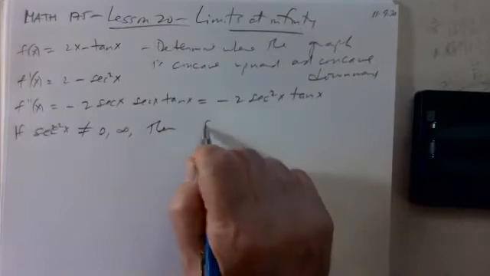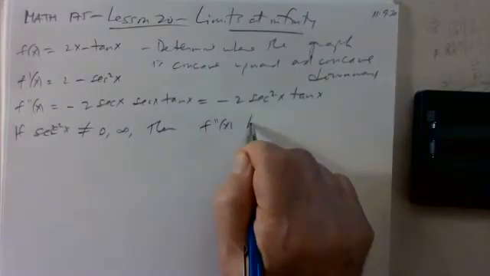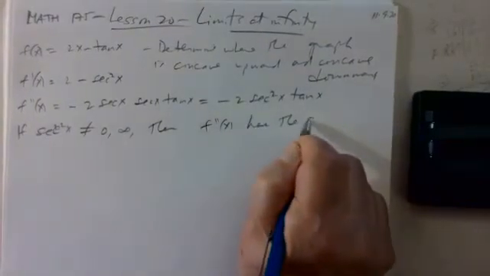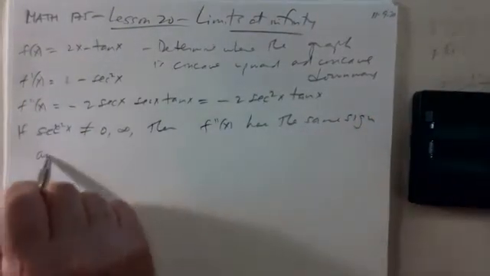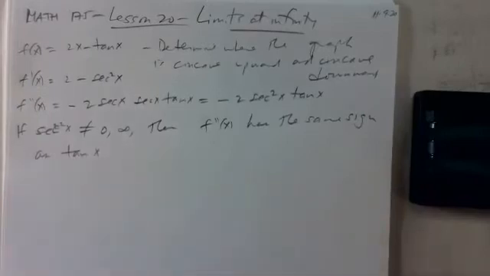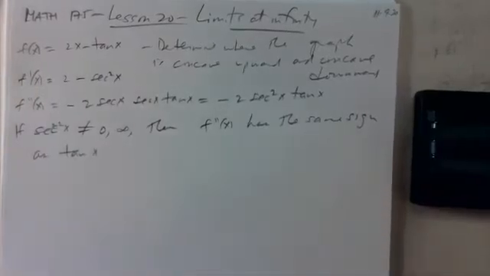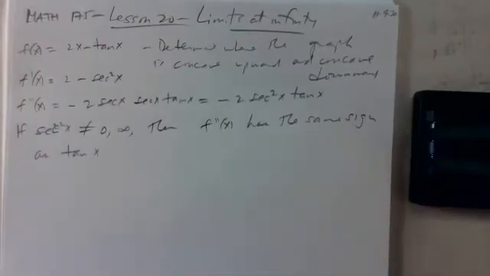So the second derivative has the same plus or minus sign as the tangent of x, with a minus in front. Is that okay? Are there any questions about this? No, thank you.